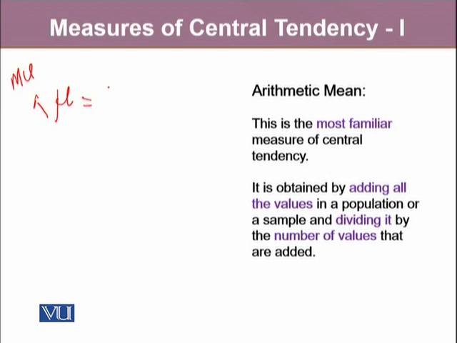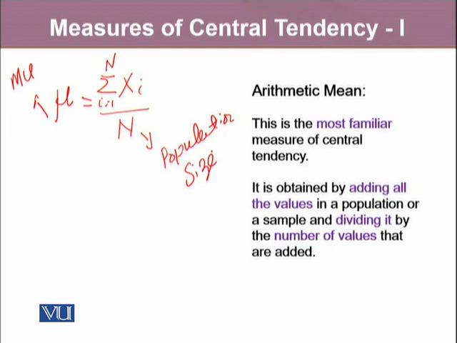This mu equals the summation, i varies from 1 to n, of capital Xi divided by capital N, where this N represents the population size. And these Xi's represent the ith observation in the population.